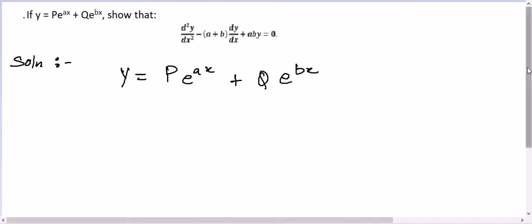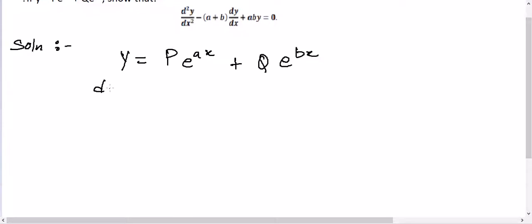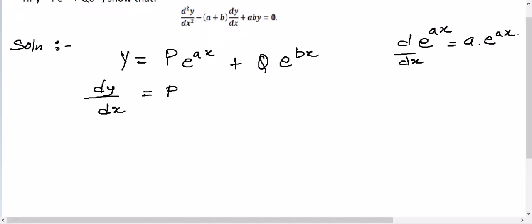Good. So now, differentiating both sides with respect to x, we have dy by dx. p is a constant, and the differentiation of e to the power ax: suppose a is the constant, then if you differentiate it, we get a into e to the power ax.